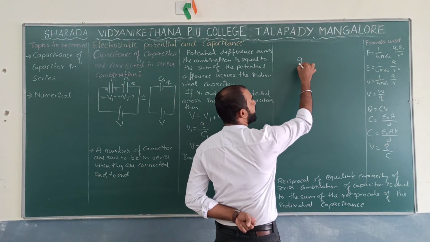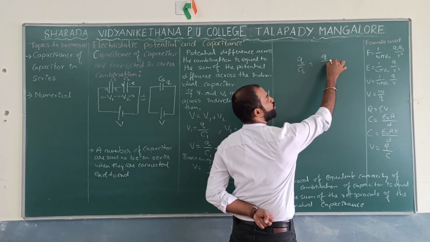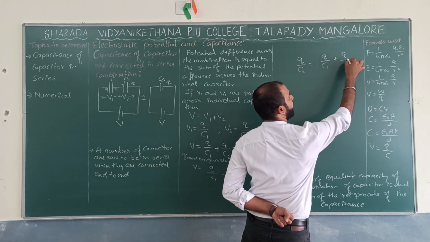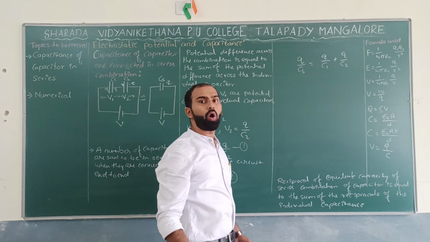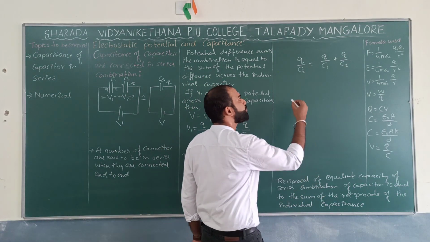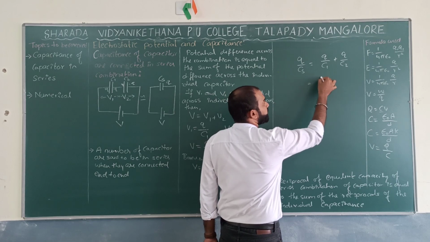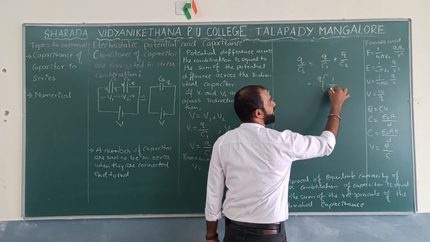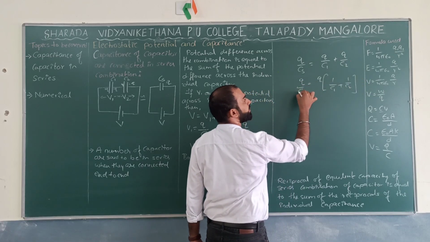That is nothing but Q by CS, which is equal to Q by C1 plus Q by C2. Are you getting it? So what can I take common over here? Can I take Q as common? So I get Q of 1 by C1 plus 1 by C2, which is equal to Q by CS.